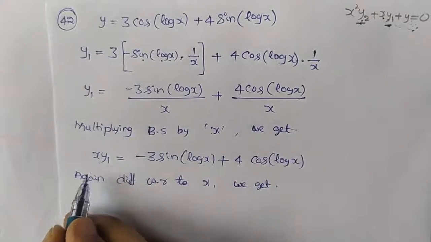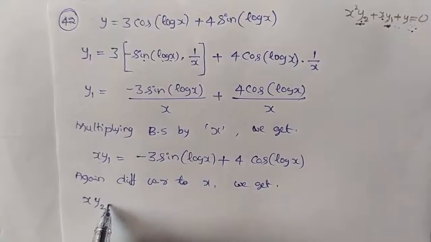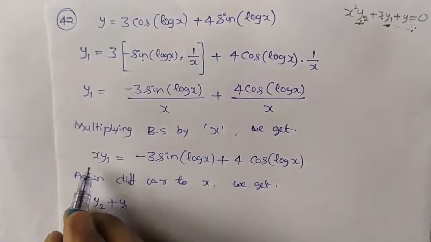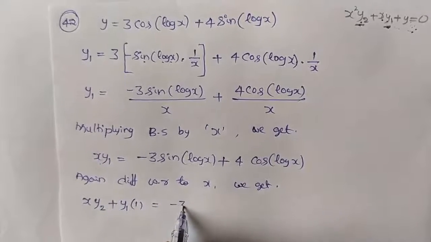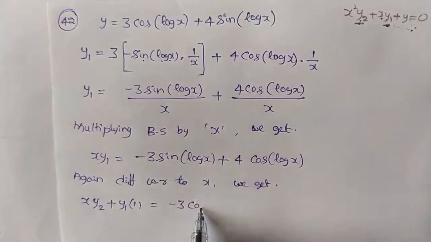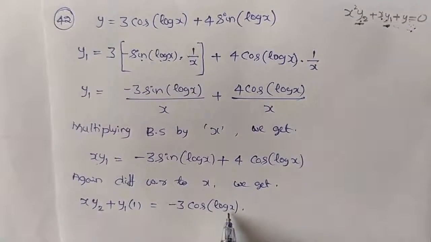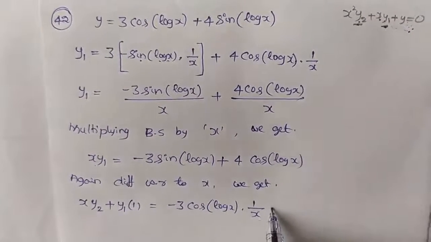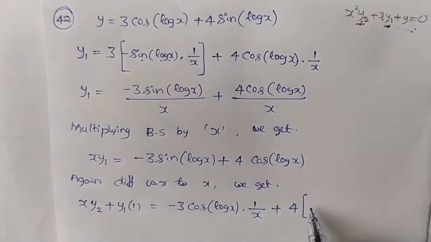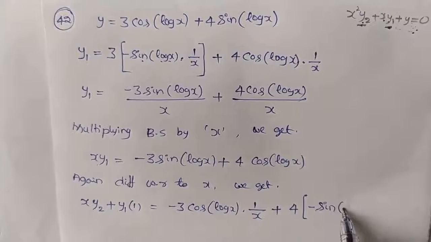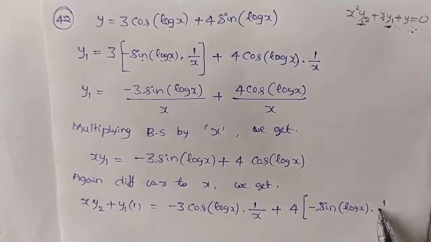Here we apply the product rule. x into the differentiation of y1 is y2, plus y1, keeping it as it is, into the differentiation of x which is 1, equals minus 3 into the differentiation of sine, which is cos of log x, into the differentiation of log x, 1 by x, plus 4 into the differentiation of cos, which is minus sine of log x, into the differentiation of log x, 1 by x.